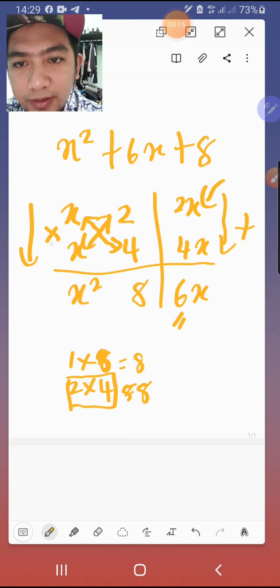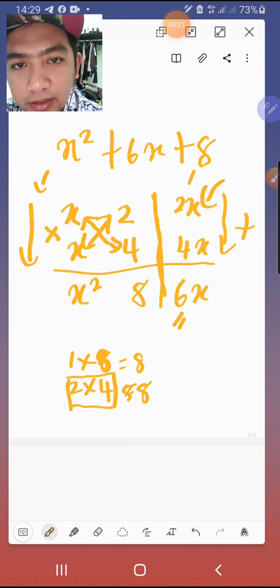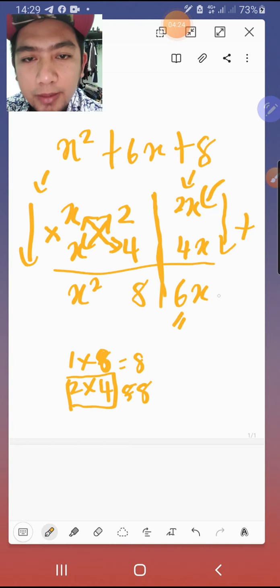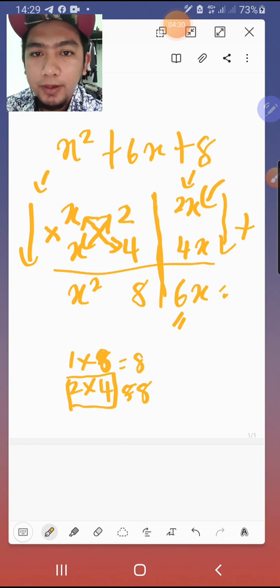Tadi sebelah sini you darab. Tapi sebelah garisan ini, number yang sebelah sini, you kena tambah. Means 2x plus 4x you will get 6x. Okay. So ini senang.